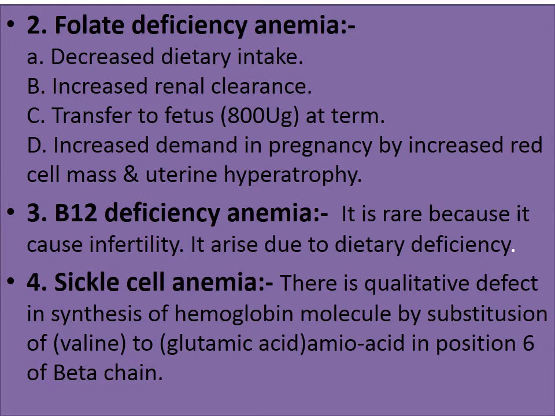You know, the normal hemoglobin molecule consists of 2 alpha chains and 2 beta chains. Each of these 4 chains consists of a series of amino acids. So if there is a qualitative defect in such chains, it will result in sickle cell anemia.